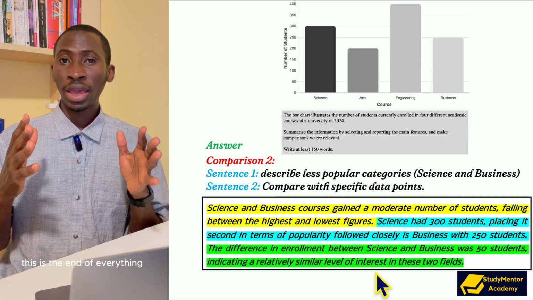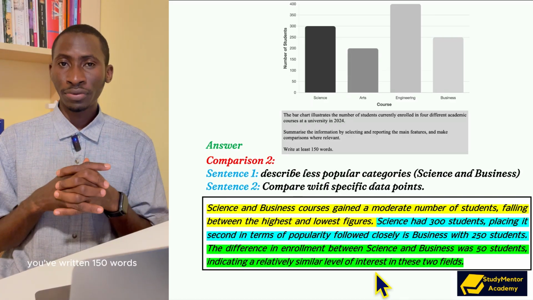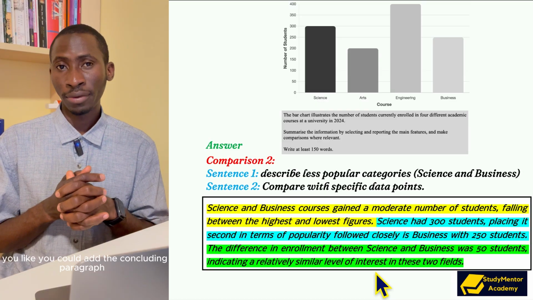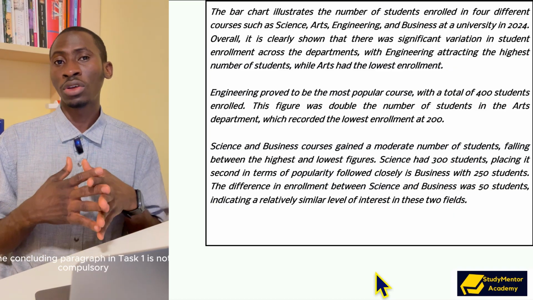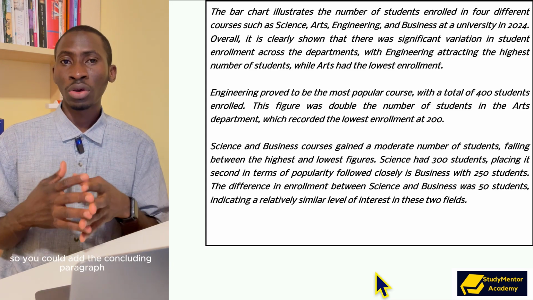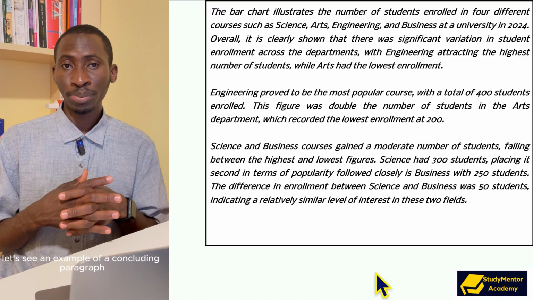This is the end of everything. You've written 150 words. If you like, you could add the concluding paragraph. The concluding paragraph in task 1 is not compulsory, it is optional. Let's see an example of a concluding paragraph.